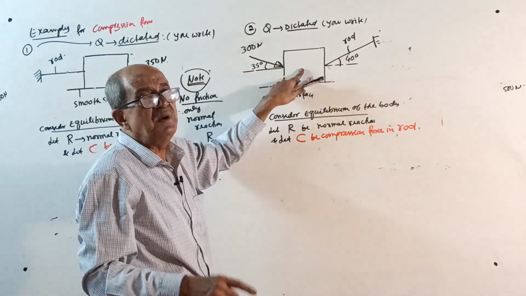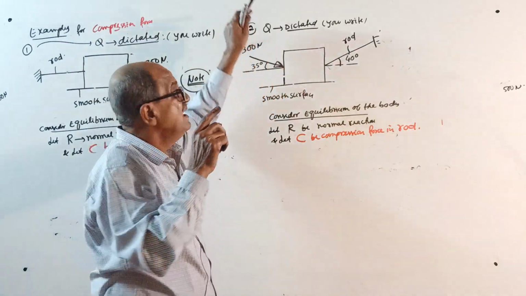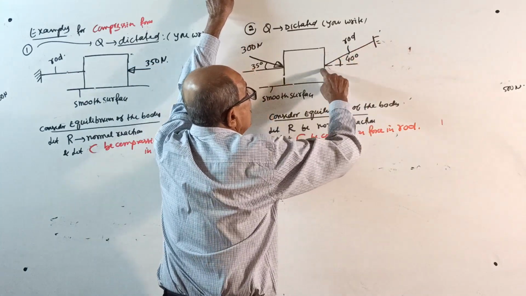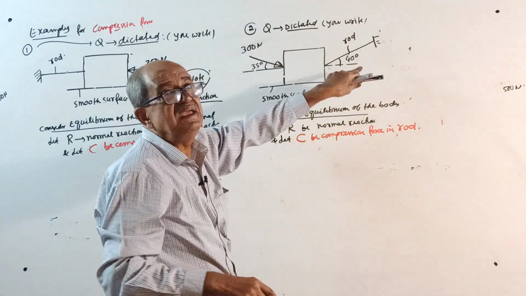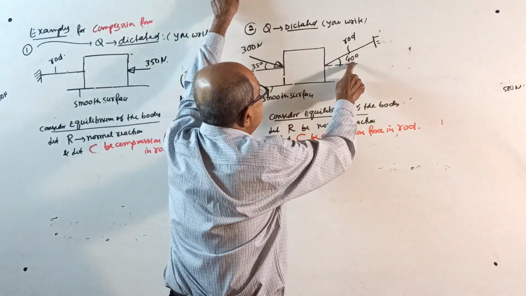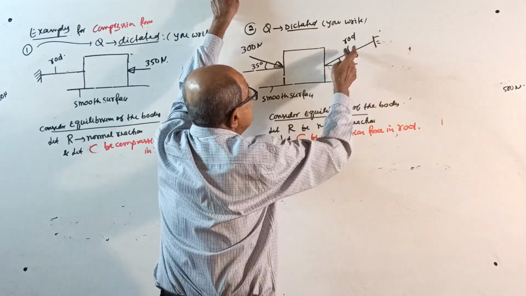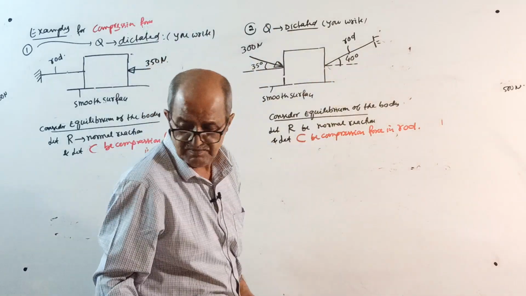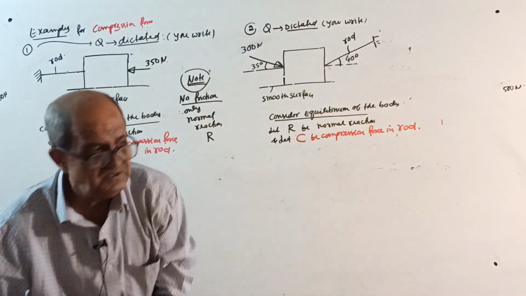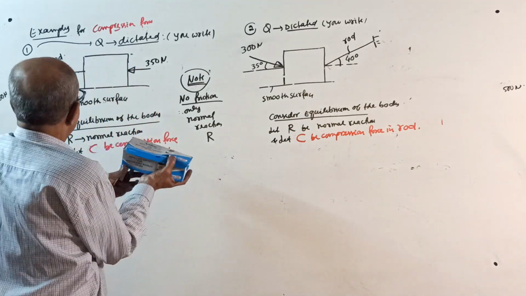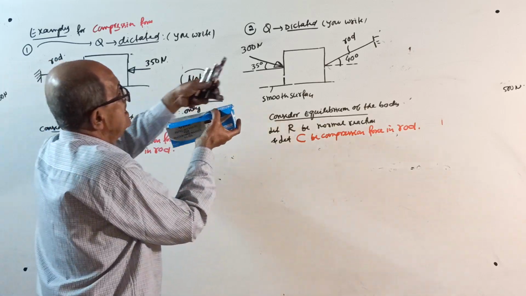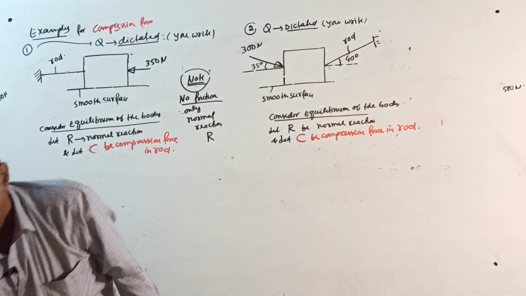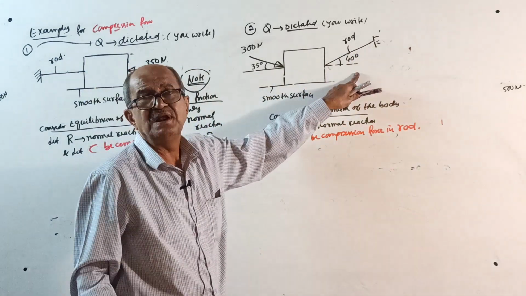Now, to prevent the block from moving, a rod is connected to the body, placed at an inclination of 40 degrees with horizontal, as shown in the figure. Okay, some rod. See, this question, the rod is here. This question, the rod is somewhere here, inclined. Okay, no problem. Question is, find the compression in the rod.